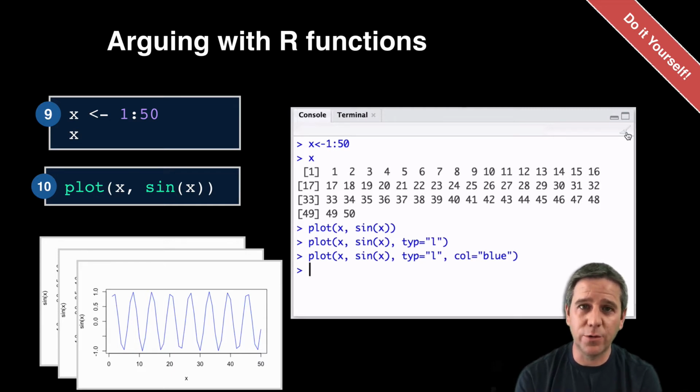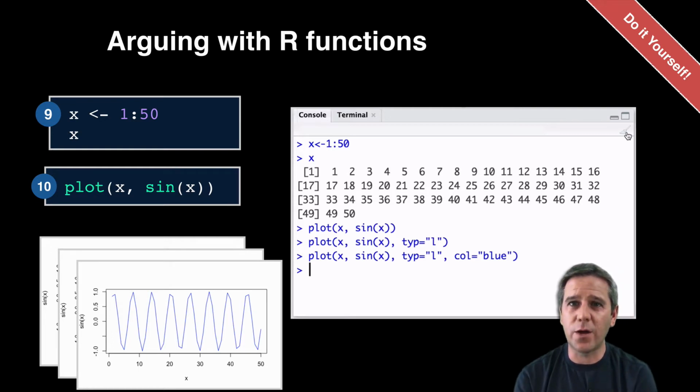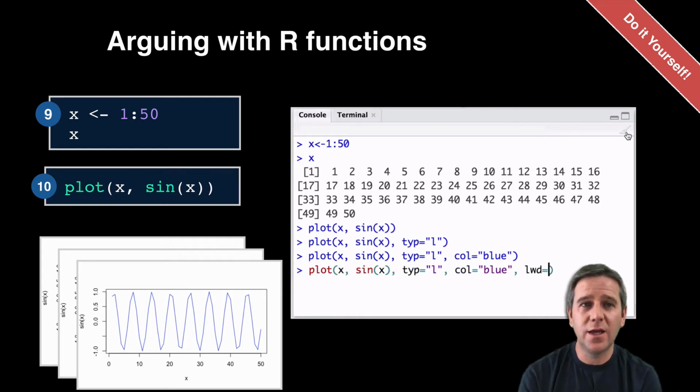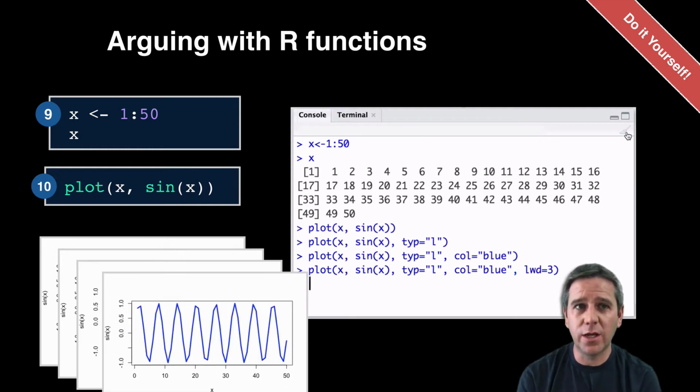The line is colored blue. Now maybe I want to do a thicker line, so maybe I'll make the line 3 times the thickness here. So I'm going to recall it again. I'm going to do line width equals 3, and we'll see a thicker blue line appears in my next plot.